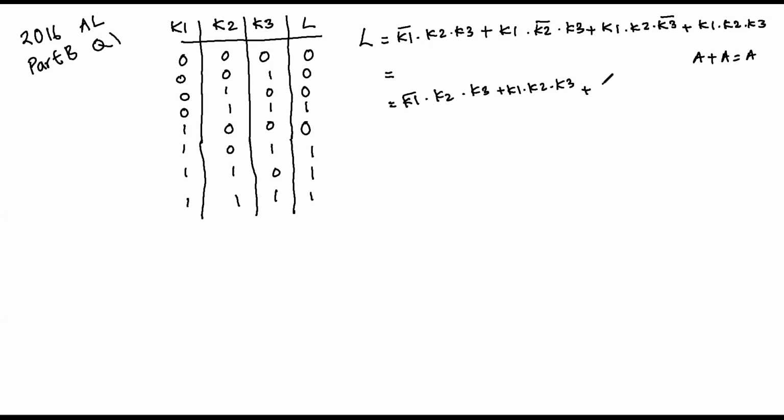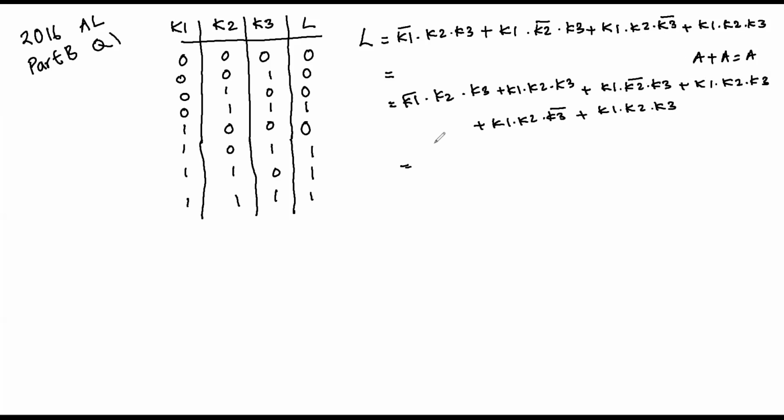So we will have K1, K2 bar, K3, plus I'll take one term from here, so K1, K2, K3, plus we have the last term, this one. So that is K1, K2, K3 bar plus K1, K2, and K3.